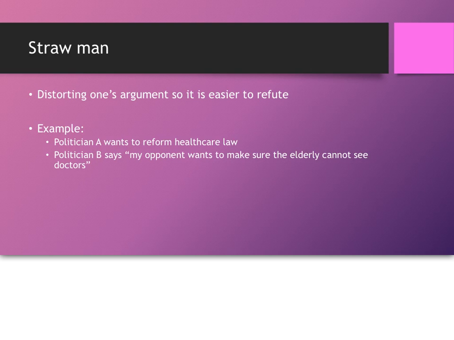So the first type of fallacy is something that's called a straw man, and sometimes it's called a straw man argument. It's distorting somebody else's argument to make it easier to refute. So for instance, let's assume that there's a politician out there who wants to reform some healthcare law.